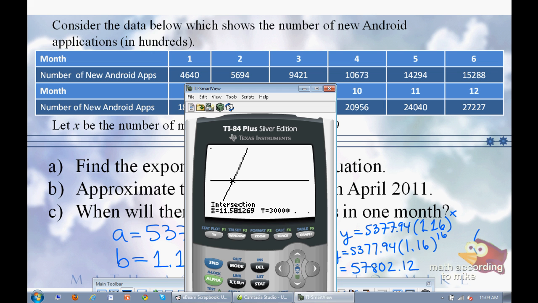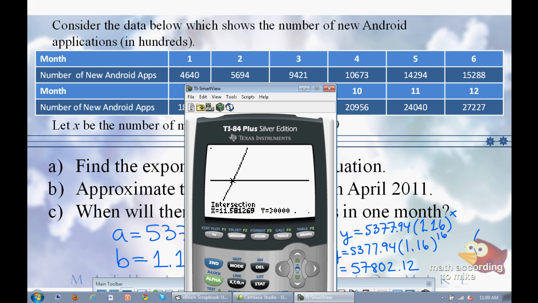So according to the calculator, it actually happened within 2010, because that looks like halfway through November there, because it's 11.58. But according to our actual data, we were only at 2.4 million apps in November.